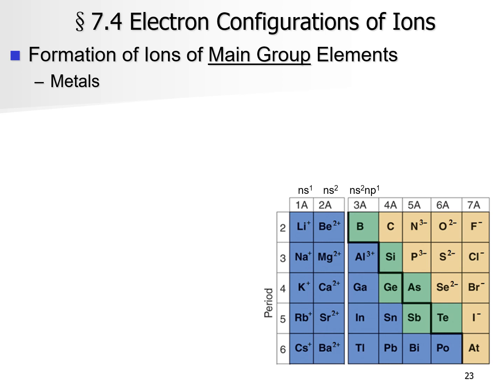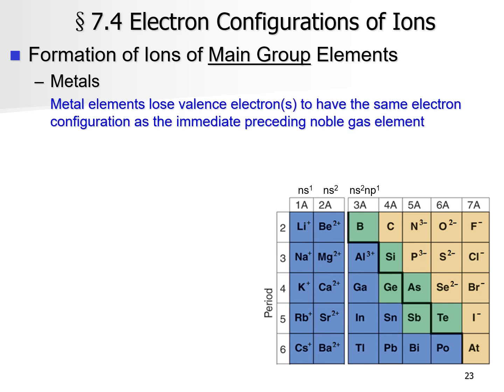Because after losing those electrons, the metal will have core electrons the same as a noble gas element, to be stable. One way to put it, metal elements will lose the valence electrons, pretty much all of them, to have the same electron configuration as the immediately preceding noble gas element.